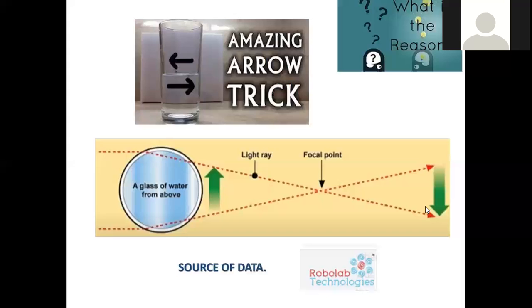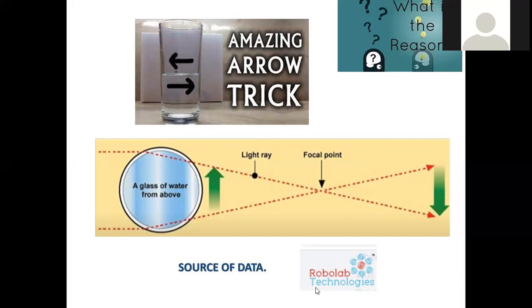It is clearly explained in this ray diagram. This is the object, and a light ray is allowed to fall on it, and the glass works like a magnifying lens. Those light rays meet at the point called the focal point. That focal point creates the image beyond the focal point, and that's the reason why it will be inverted, and you can say it is a virtual one.